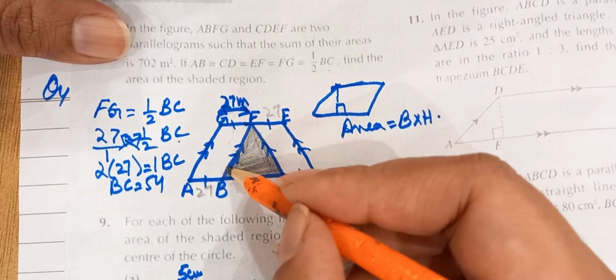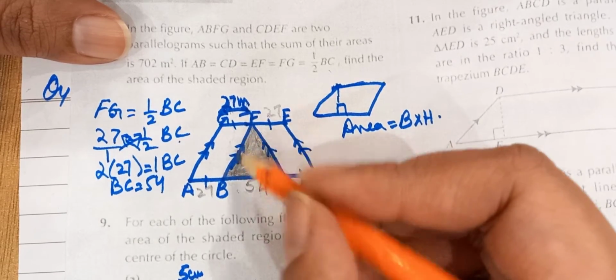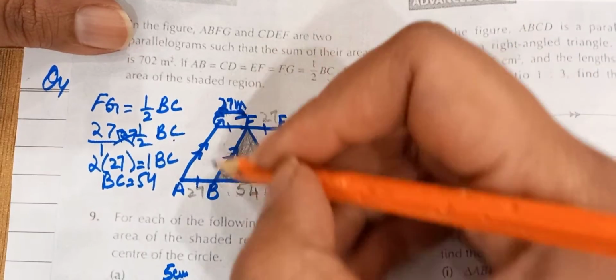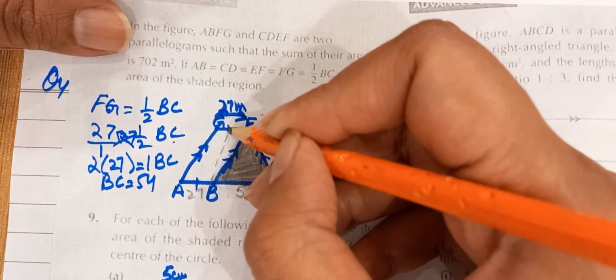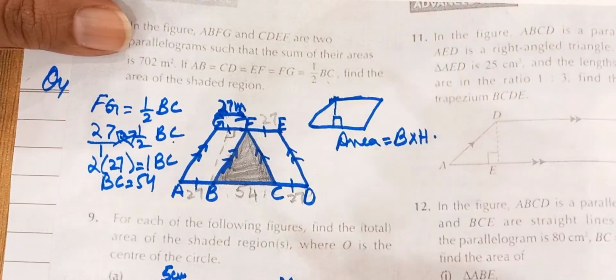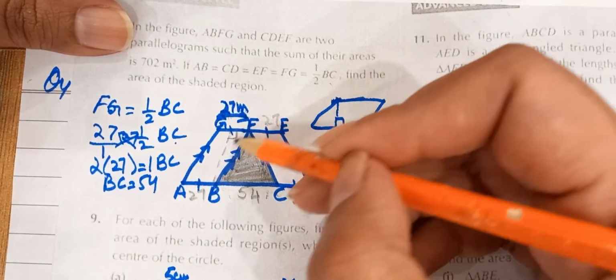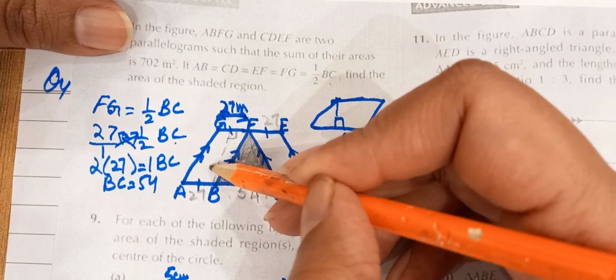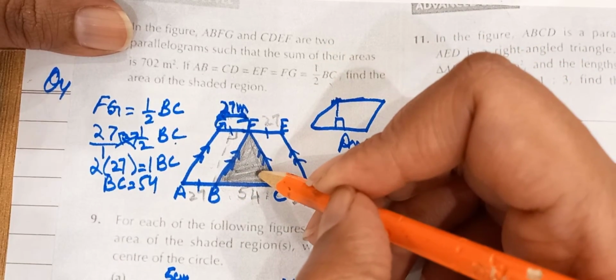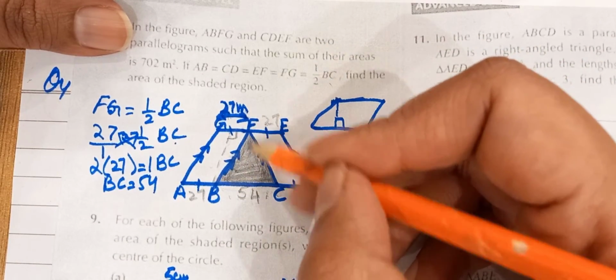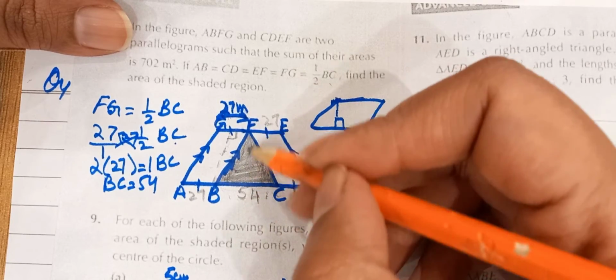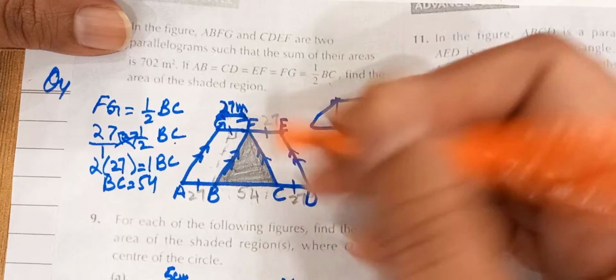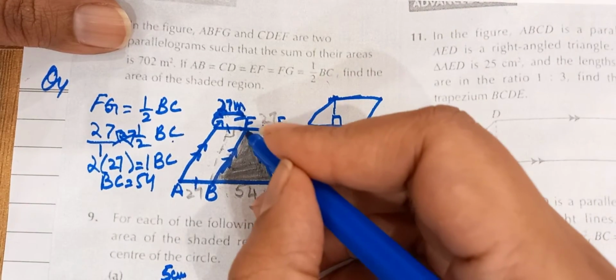Height is never slant, it is always straight. So height would be from this point, making a perpendicular on GF. It would be the height of this parallelogram and this triangle as well, because it is opposite this triangle, which will make the height of this triangle as well.